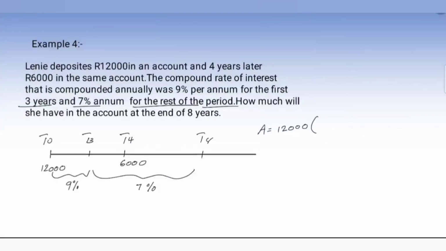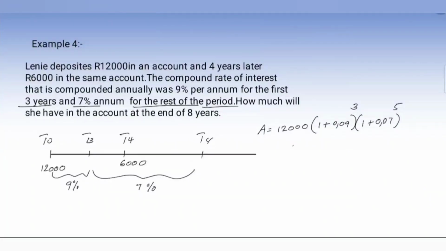It has to go first 3 years with the 9%, that is (1 plus i) is 0,09 to the power 3. Next 5 years, that is 1 plus 0,07 to the power 5. This is for the 12,000. It has to go first 3 years with the 9%, next 5 years with the 7%. So we are done with the 12,000.